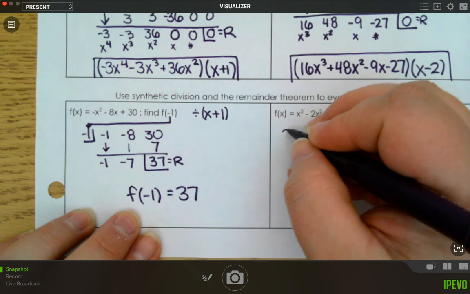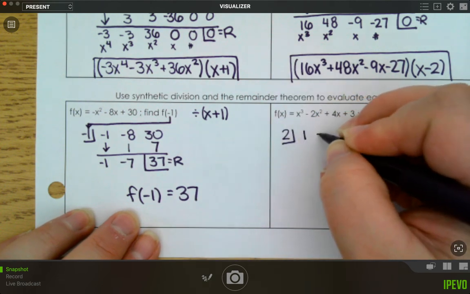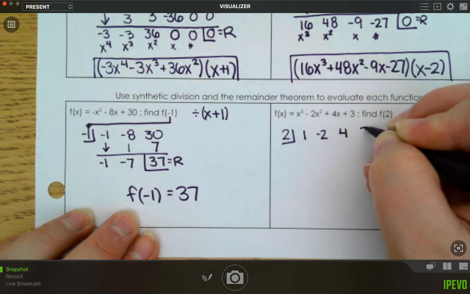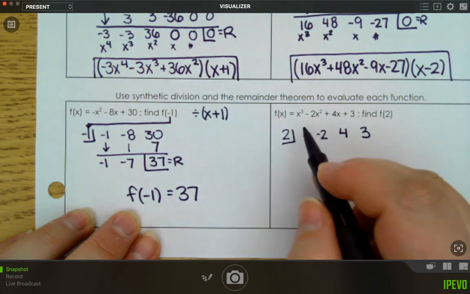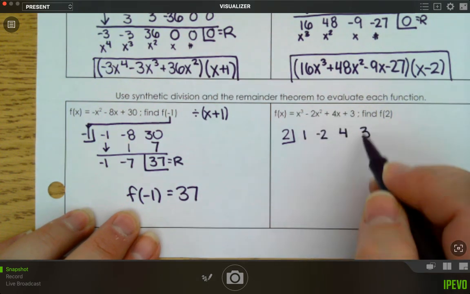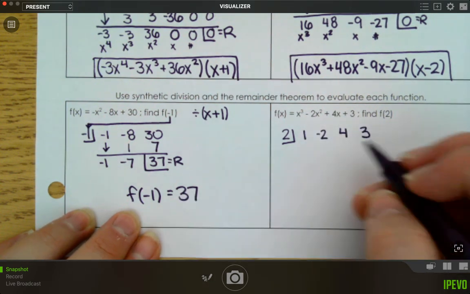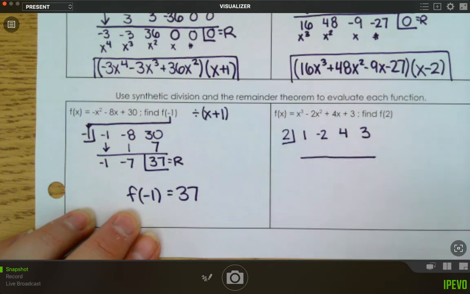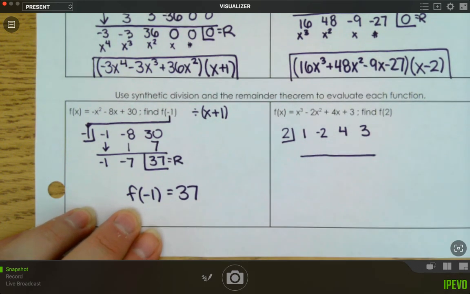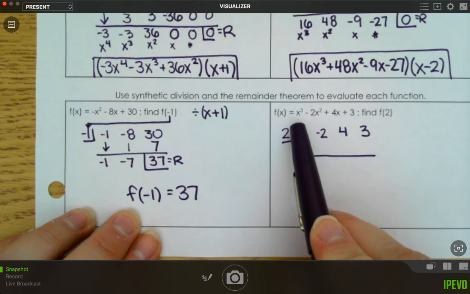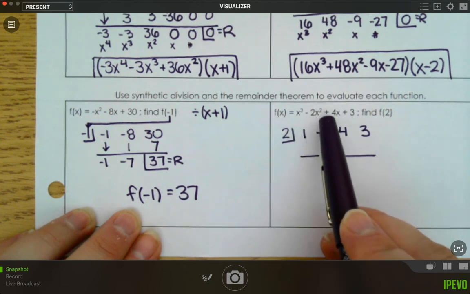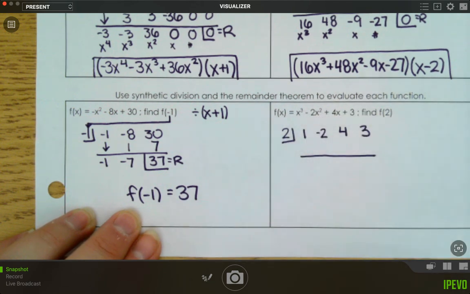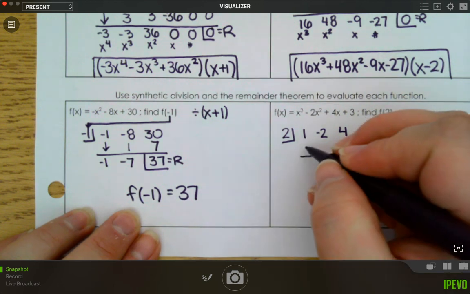Now I'm going to take the 2 and plug it in. Okay, 1, -2, 4, 3. No 0 placeholders because it didn't skip any powers. The thing about this one is you would have to do 2 cubed minus 2 times 2 squared plus 4 times 2 plus 3, which just sounds complicated.